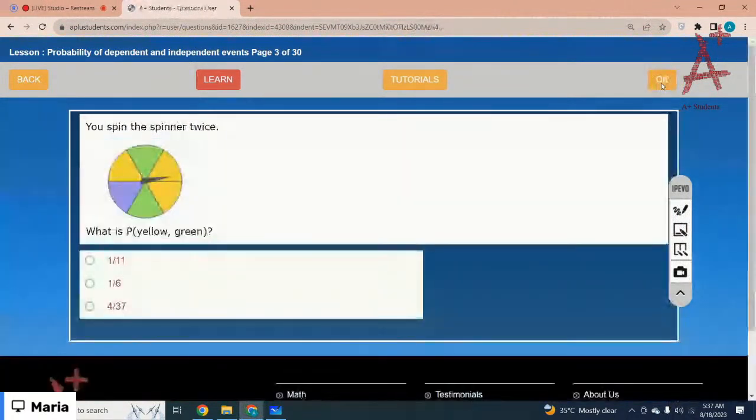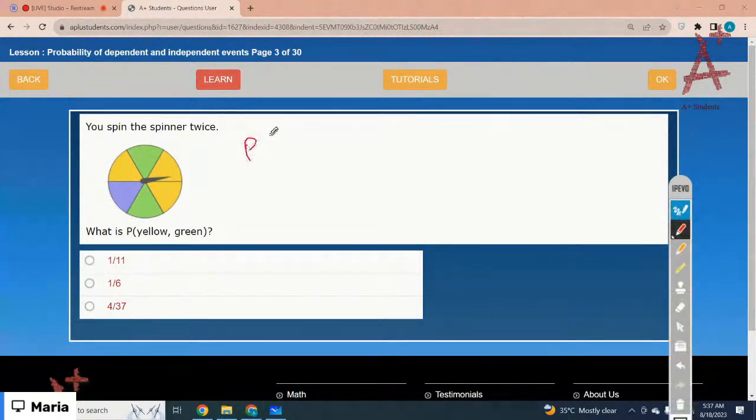You spin the spinner twice. Probability of yellow and probability of green. Okay, the probability of yellow is 3 of them are yellow, 3 out of 6. The probability of green is 2 out of 6, right?